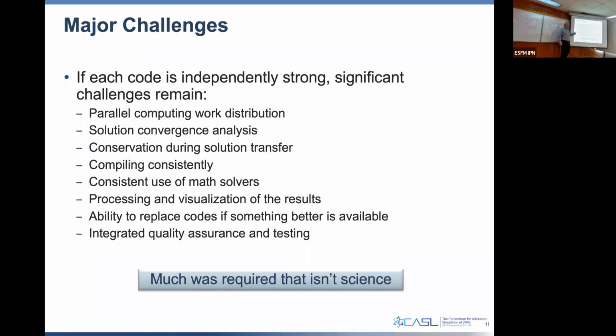They could change it in a way that changes the answers on some of our benchmark calculations. And so we need to have the ability to say, what is important to us? How do we know that these things are working? And create an entire suite of test problems, so that whenever somebody says, I changed my code, we can say, okay, you changed your code. Did you break something? And evaluate the quality of that change to make sure that nothing was broken during the process.